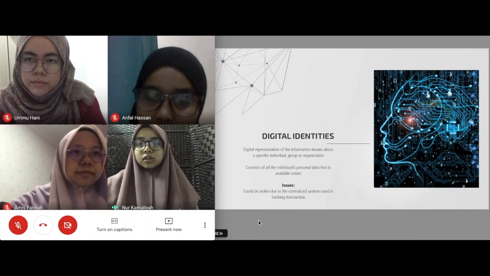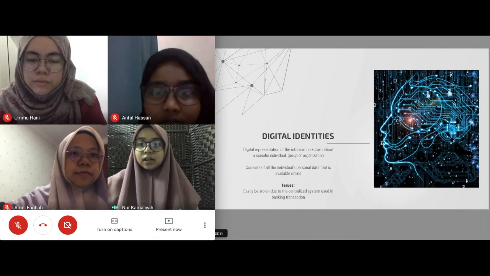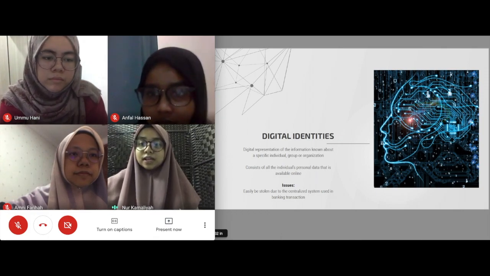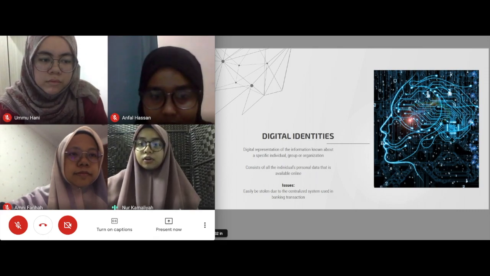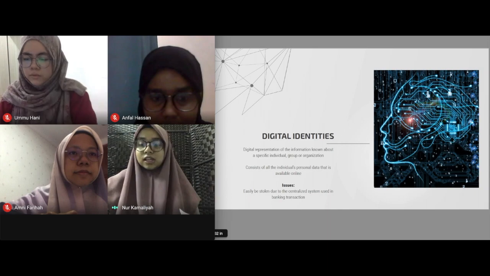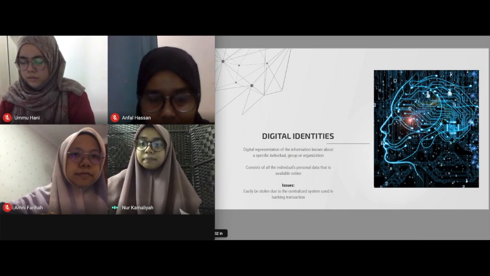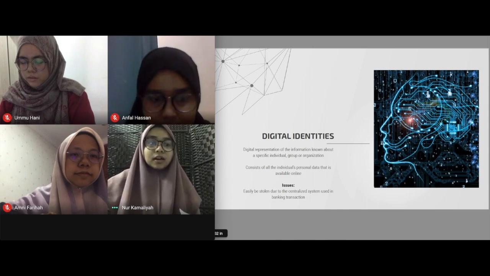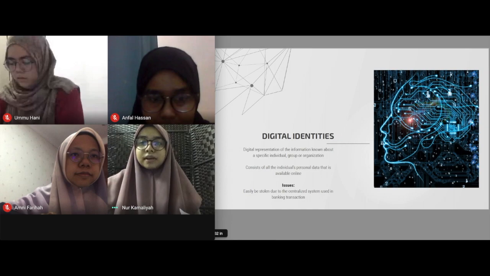This is because once we engage in any online transaction or activity, it will collect all our data in a database. For example, we upload our photo in Instagram, sign in into any website, and also shop online or make payment online.